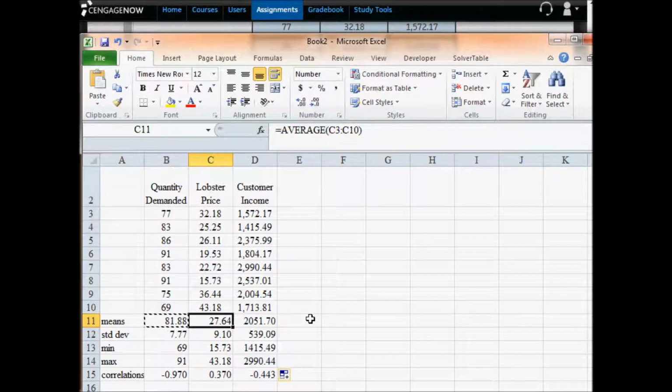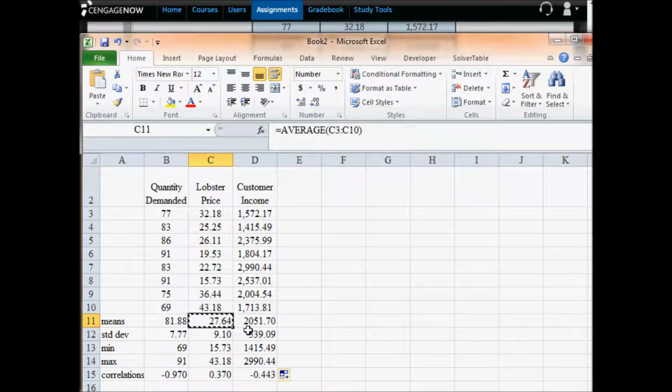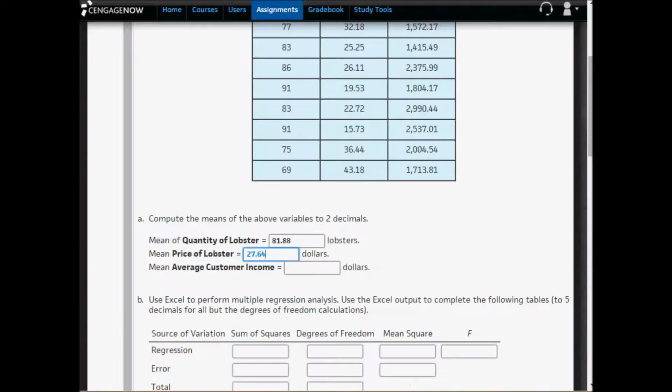Copy the mean lobster price. And then copy the mean customer income. Okay, so that should be all correct.